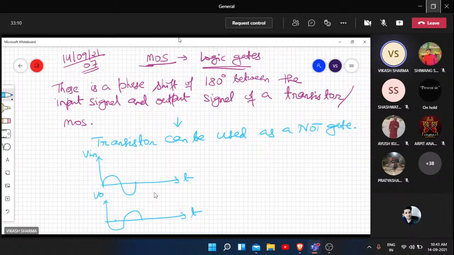We need a NOT gate. So this characteristic feature of a transistor or a MOSFET is the same: there is a phase shift of 180 degrees.